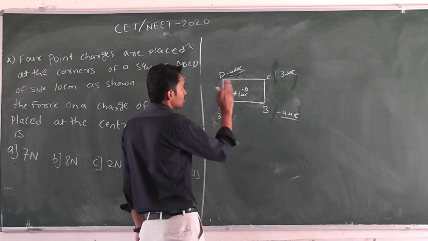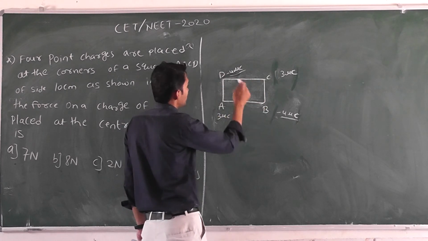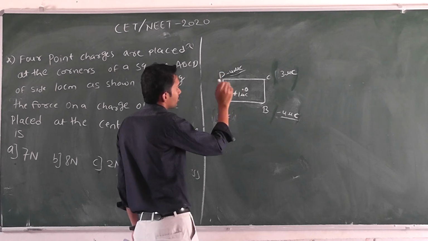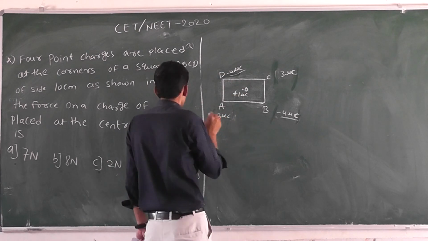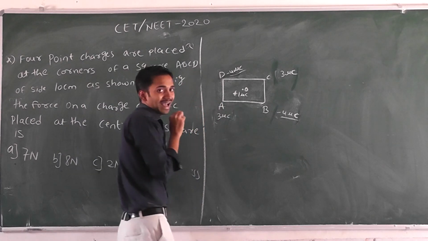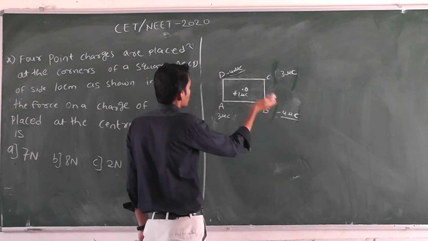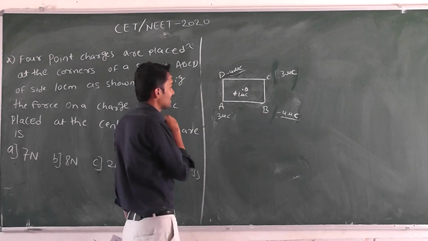So the force from AO and OC is 0, and from BO and DO is also 0. The total net force is zero because equal and opposite effects cancel each other: 3 microcoulomb and 3 microcoulomb cancel, and minus 4 microcoulomb and minus 4 microcoulomb cancel. The question asks for the force on the 1 microcoulomb charge placed at the center of the square. The total force applied on point O is 0, because the equal charges cancel each other.